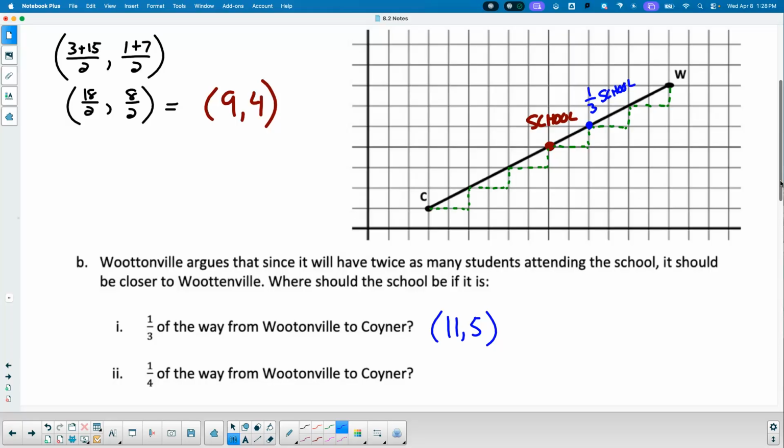How many slope triangles would it be for 1/4 of the way? We only have 6 slope triangles.